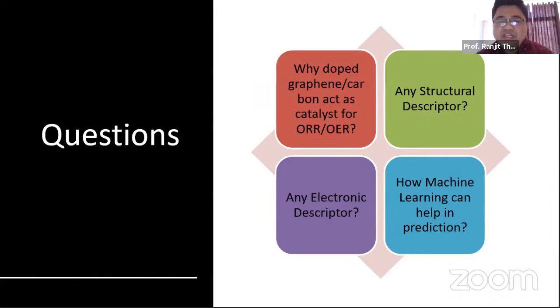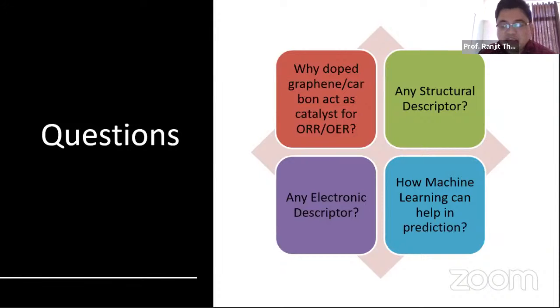And can we define any structural descriptor which can explain the catalytic activity of graphene? Or can we define an electronic descriptor based particularly on the electronic properties? Can we define it so that it can explain all the properties of graphene as a catalyst? And how really can machine learning help in this prediction? So this overall is the questions we had.